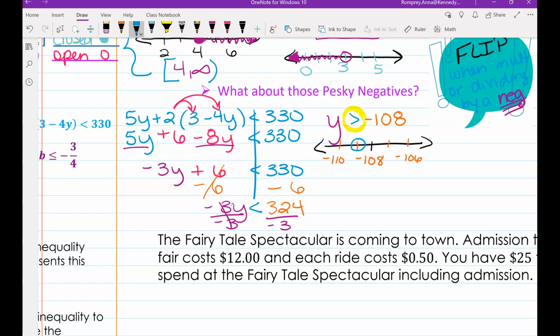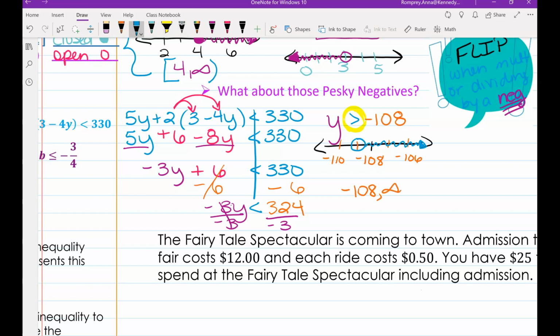And I remember to flip my sign, so everything larger than -108 is to the right. So in interval notation, who is the smallest number in our set? So looking from left to right, who's the smallest? -108. And it goes from -108 all the way up to infinity.